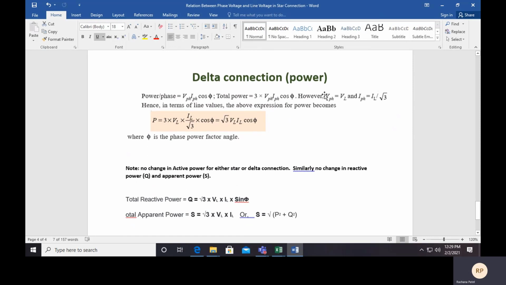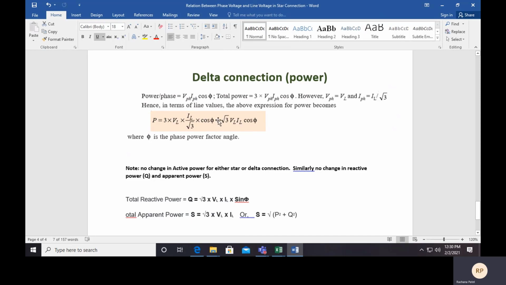For the delta connection, now let me check the same thing. What happened with the three-phase power? So total power will be 3 multiplied by the phase power VPH IPH cos phi, and these are the relationships for IPH and IL as well as VPH and VL.